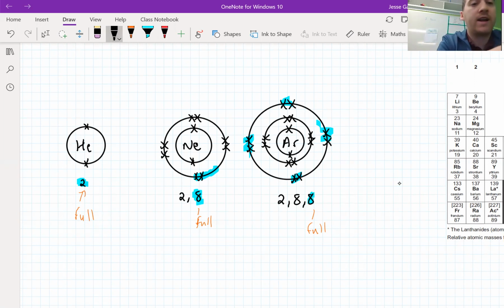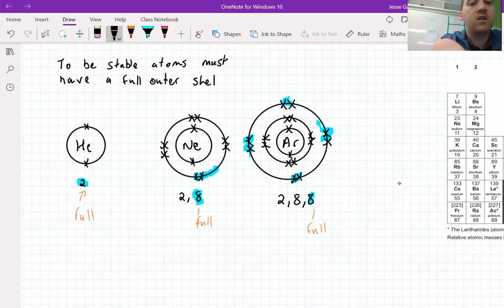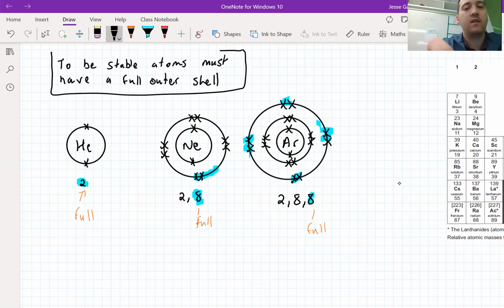So there's a rule here: to be stable, atoms must have a full outer shell. The most stable atoms are ones with a full outer shell.